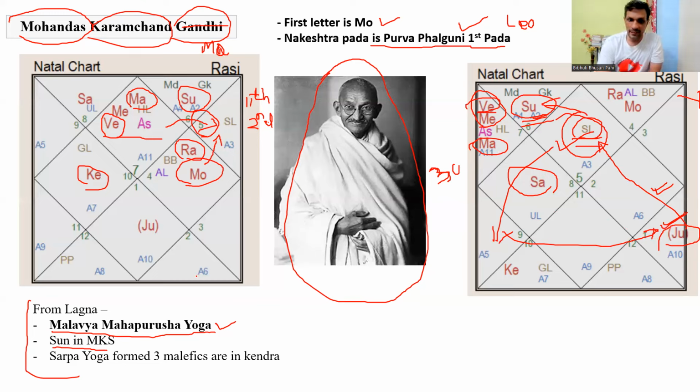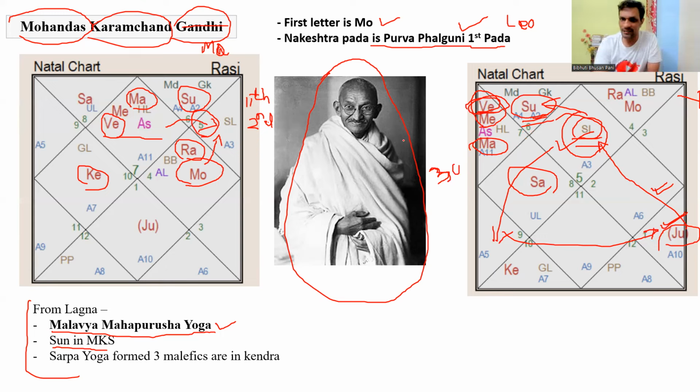Okay. Another thing is the Malavya Mahapurusha Yoga, with Venus now present in the third house from Nama Rashi. So Mahatma Gandhi has beautifully written many books.